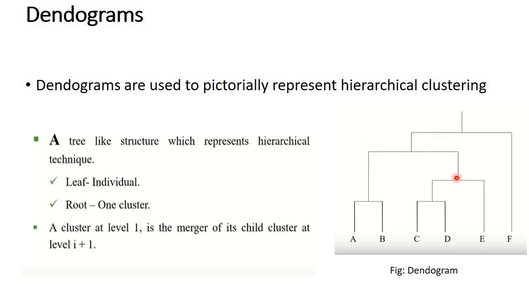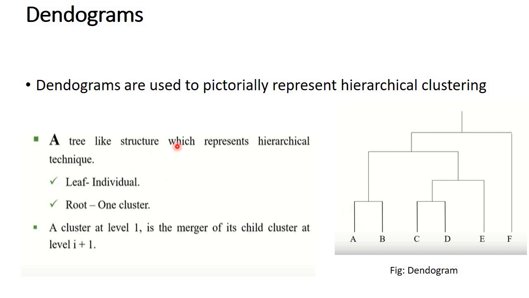AB along with CDE forms a cluster, and ABCDE along with F forms another cluster. The x-axis represents the data objects in themselves, and the y-axis represents the similarity measure, the similarity at which A and B have formed the cluster.